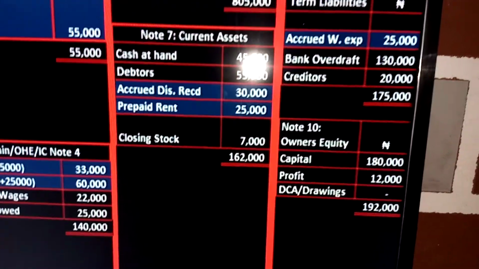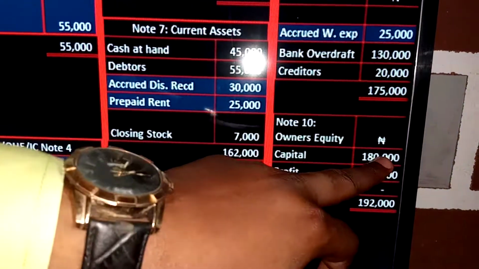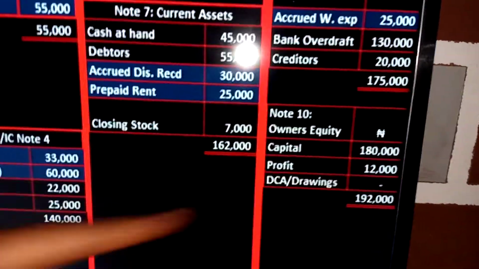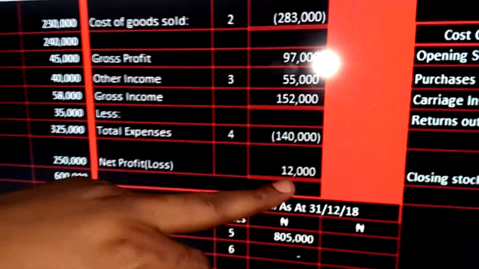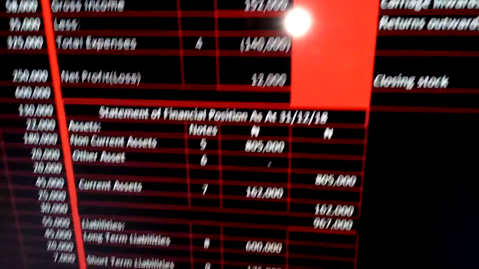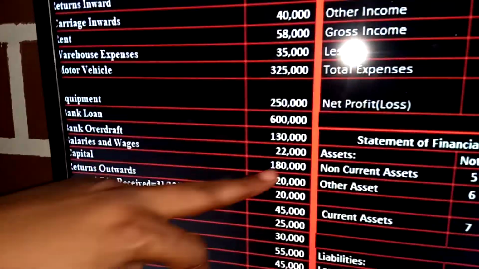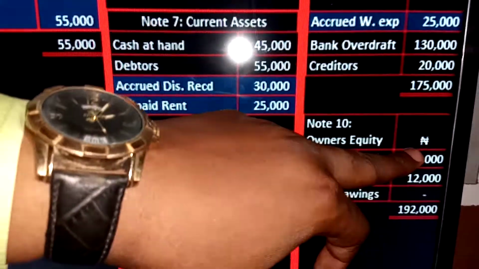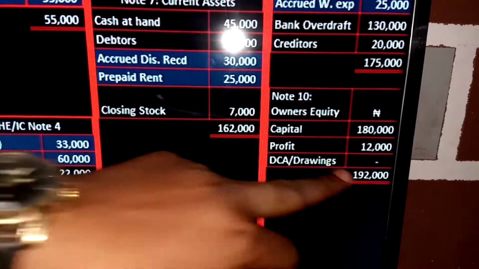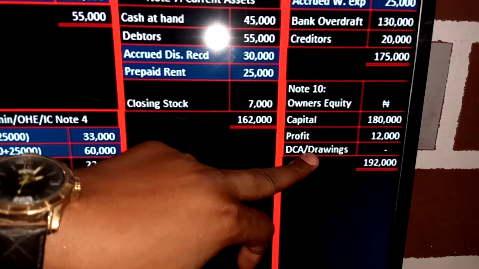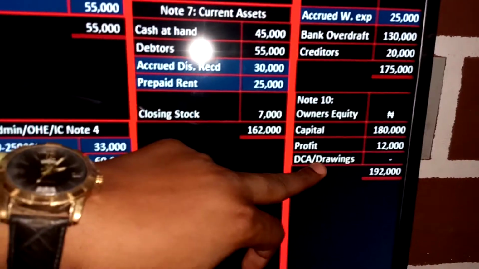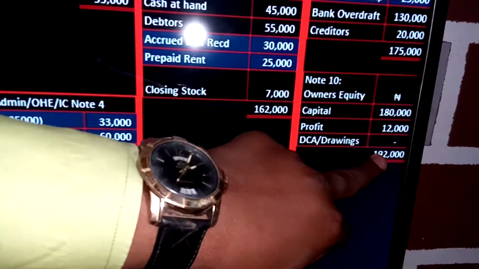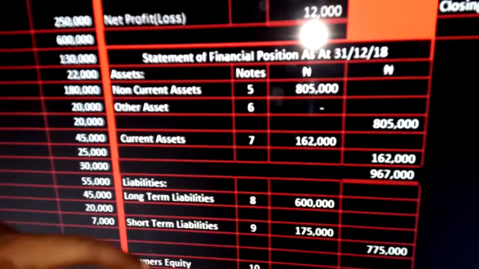But in this case, we have capital of 180,000 in the question. Then the profit made is 12,000. If you add 12,000 to 180,000, you have 192,000. There's no drawings. Drawings is when the owner of the business takes some items or cash for his personal use. So equity is 192,000.